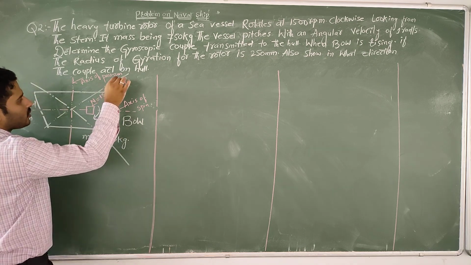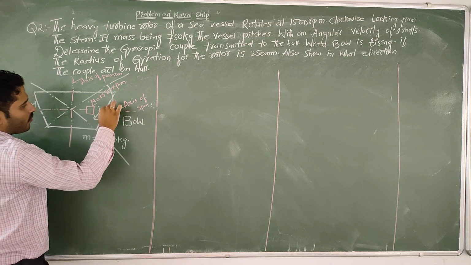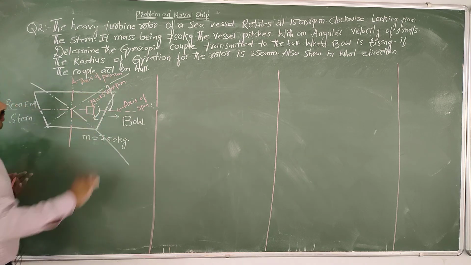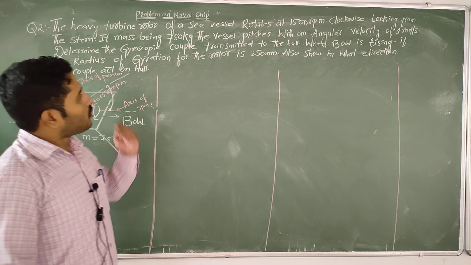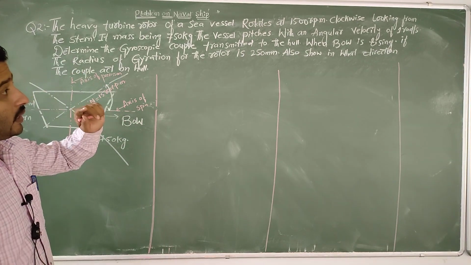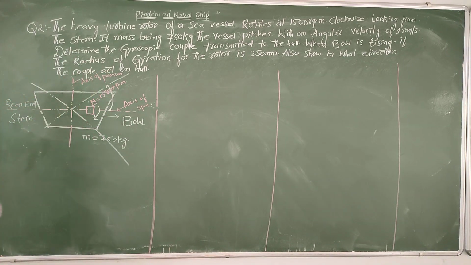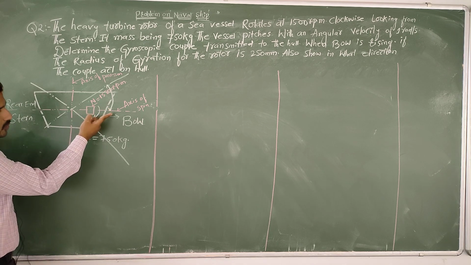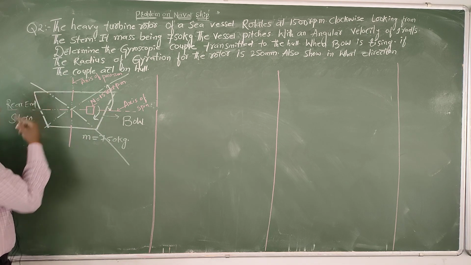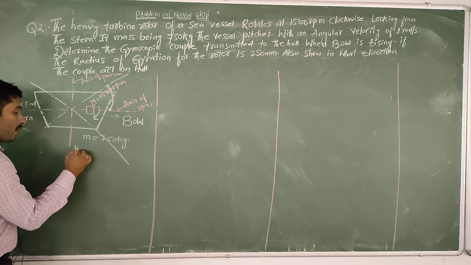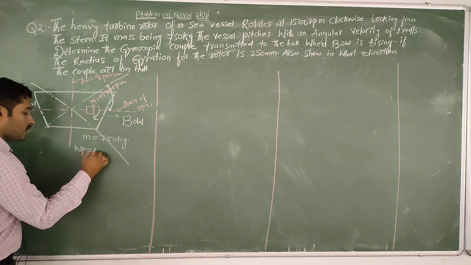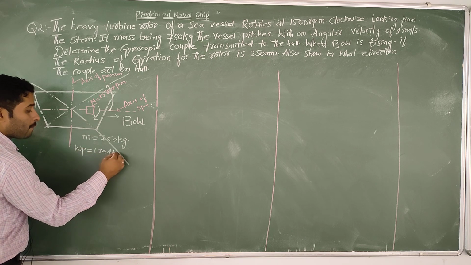So the angular velocity of pitching, as the ship moves from the axis of spin to the axis of precession, omega p is given as 1 radian per second.